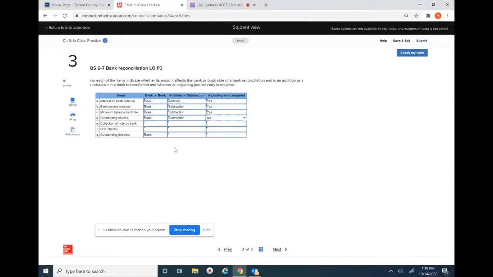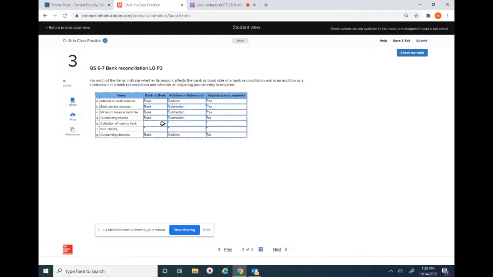Outstanding deposits, these are deposits that the company has reflected in their balance, the bank hasn't. So we need to add them to the bank side of the reconciliation. There's no need to prepare a journal entry for these items, and I'm sorry I changed this to books, but this should read bank. None of the items on the bank side of the bank reconciliation will require journal entries.